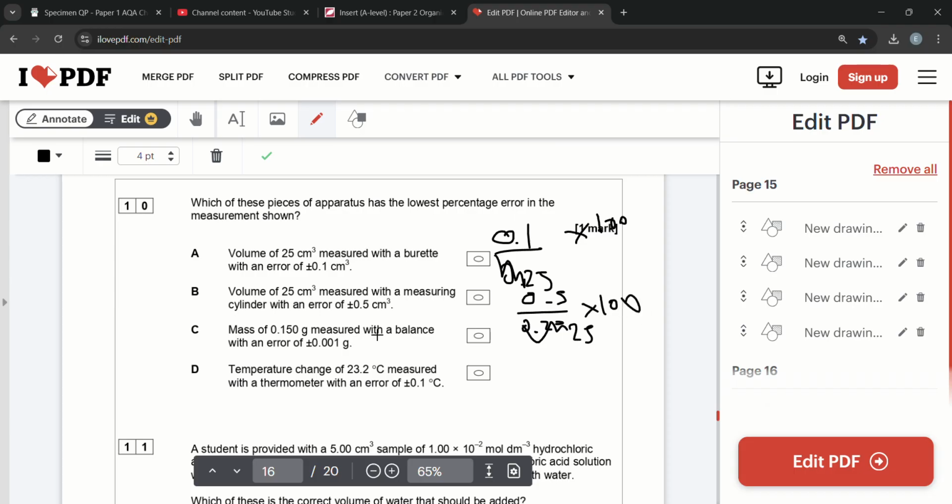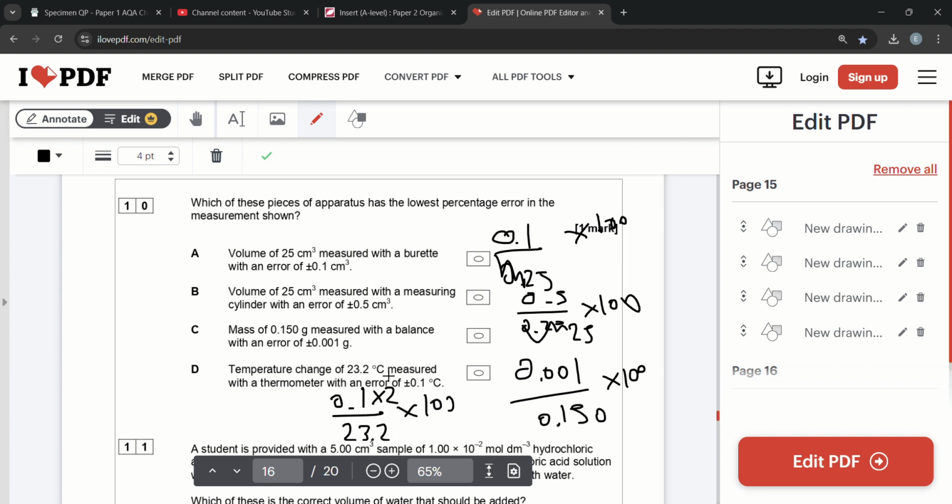Mass measured with a balance, with its error. Temperature change measured with a thermometer, with its error. Because the temperature change is going to be two values, right? And by 2.